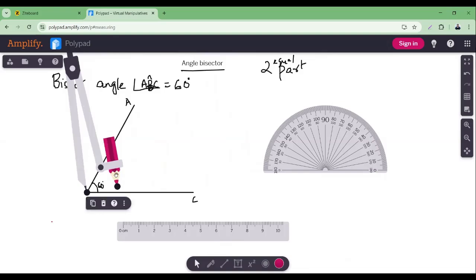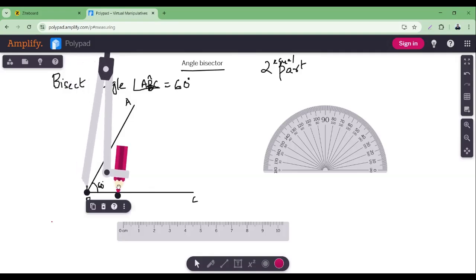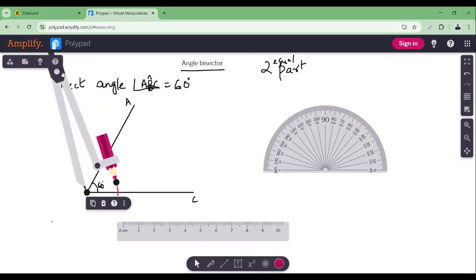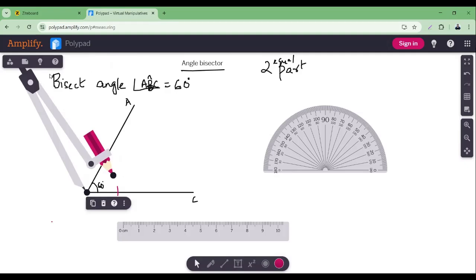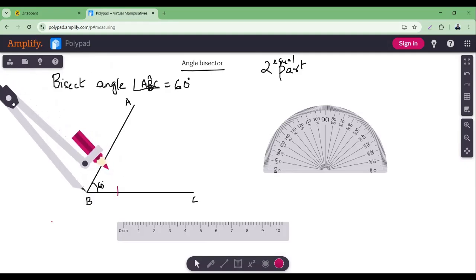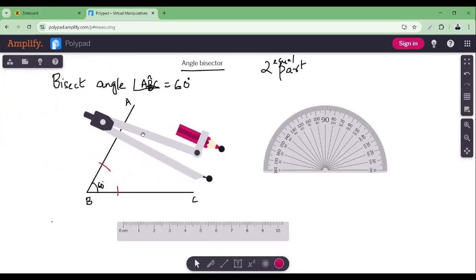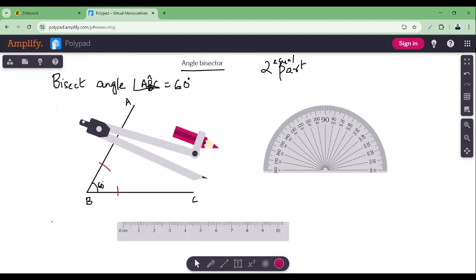And then I am going to draw the arcs now. One arc cutting one arm, and another arc cutting the other arm. I have done that much. Now, I'm not changing the distance between the needle and the pencil at all.